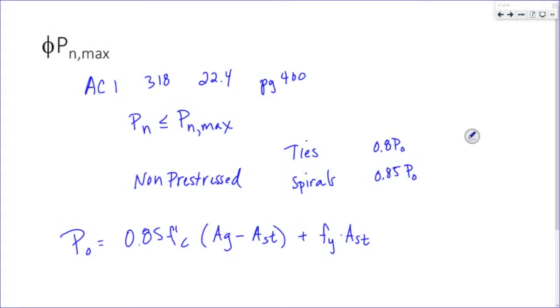So ties is going to be limited to 80% of this value. Spirals are going to be limited to 85% of this value. And then you add on the phi factor.